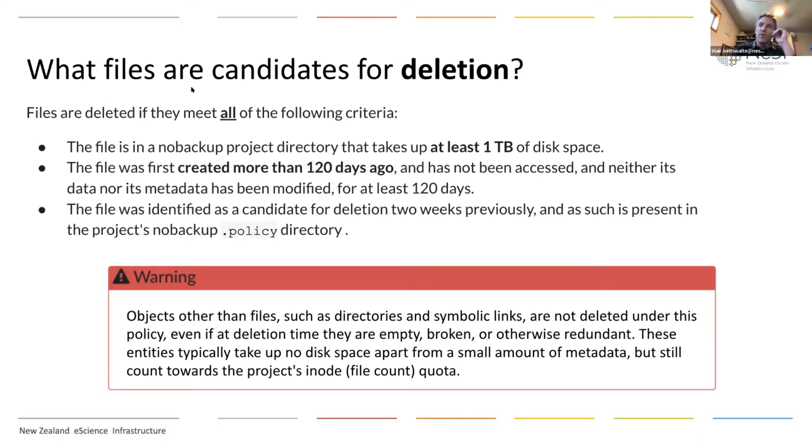I know we've got three dot points here, but the two key criteria are that the file is in a nobackup project directory that is consuming 1 terabyte or more of disk space at the time that the policy runs, and that the file was created more than 120 days ago and not accessed or had its metadata updated in the last 120 days. So basically it means that the file has to have been untouched for 4 months.